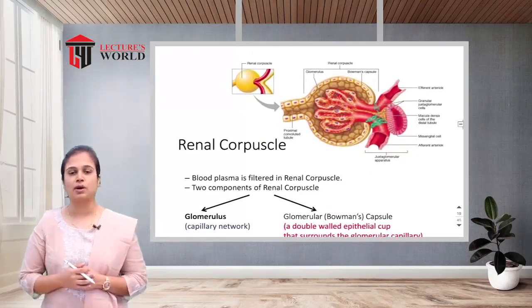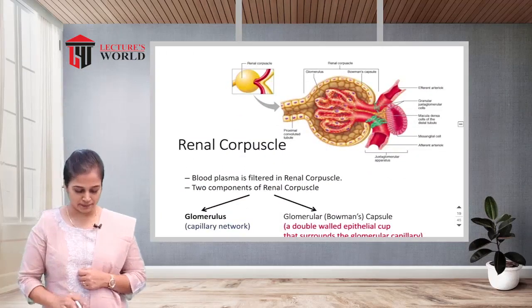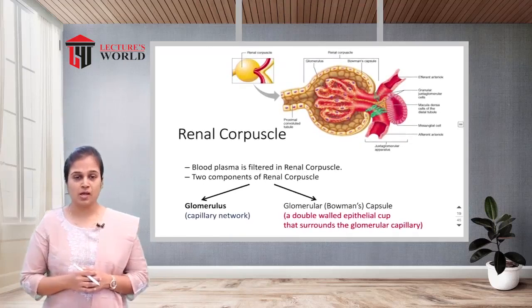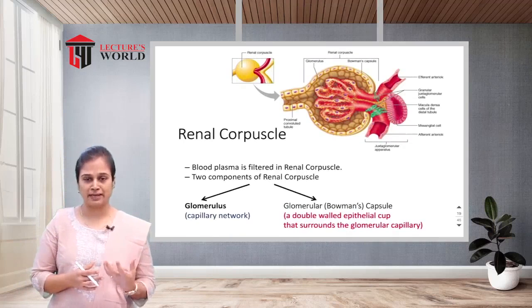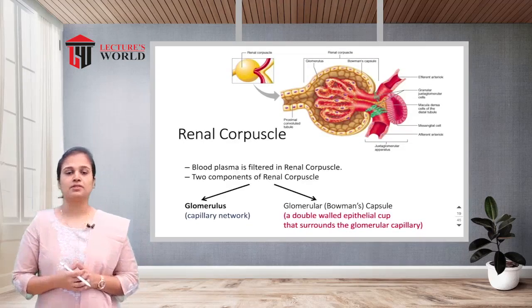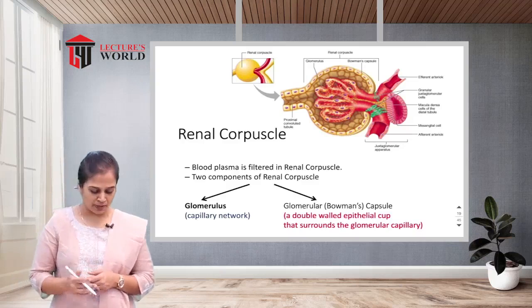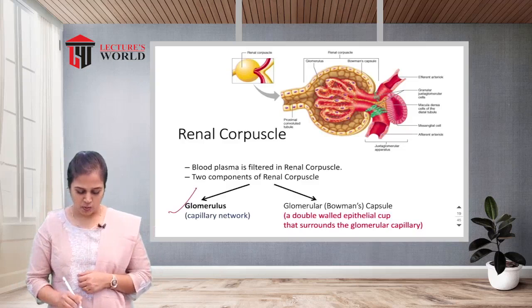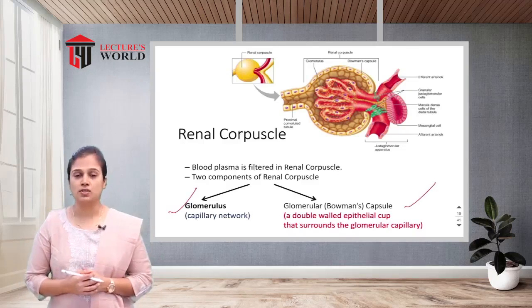First we will talk about the renal corpuscle. The renal corpuscle filters the blood plasma, and there are two components of the renal corpuscle. First is the glomerulus and second is the glomerular capsule. It is also called Bowman's capsule.